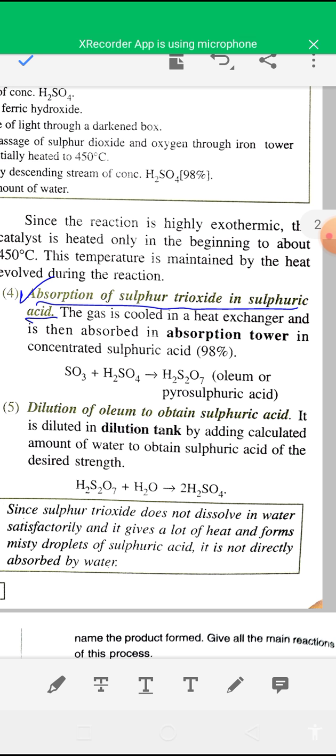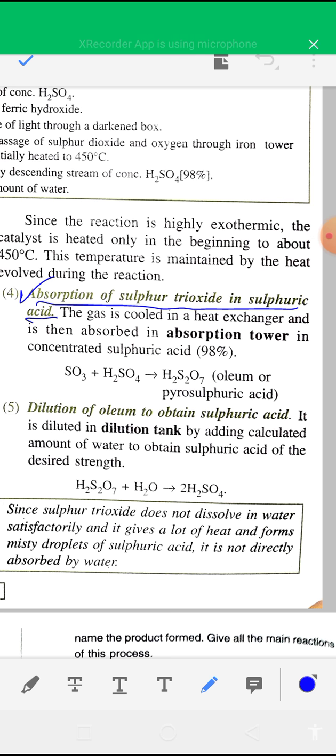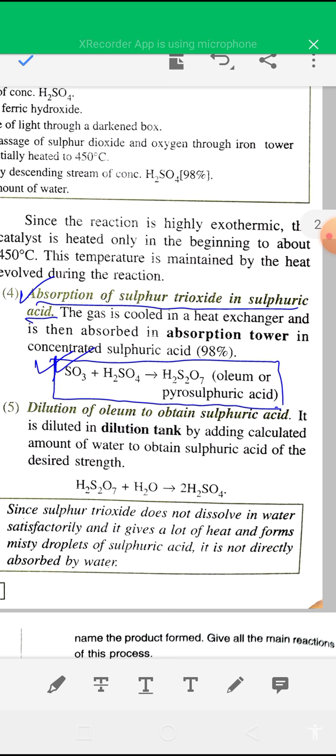Sulfur trioxide gas is cooled in a heat exchanger and then absorbed in concentrated 98% sulfuric acid to form oleum. SO3 plus H2SO4 gives H2S2O7, which is also known as oleum.